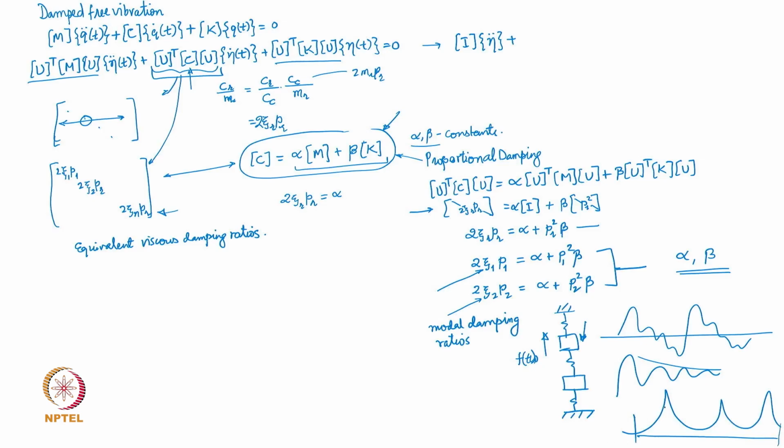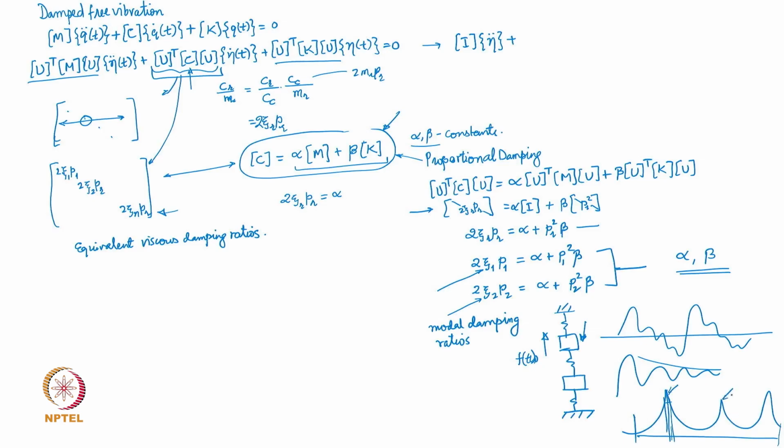Using the half power point method, you can find the damping ratio specific to a particular mode, assuming that the other modes are quite well separated and do not contribute to the vibration at this particular resonance.